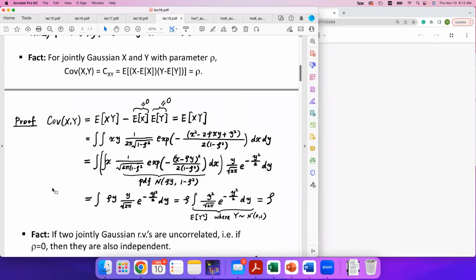This is how we calculate the covariance between X and Y by following the definition. Here we are using the characterization that the covariance is the correlation minus the product of the means.